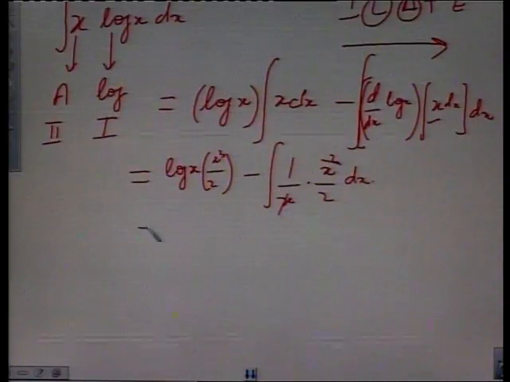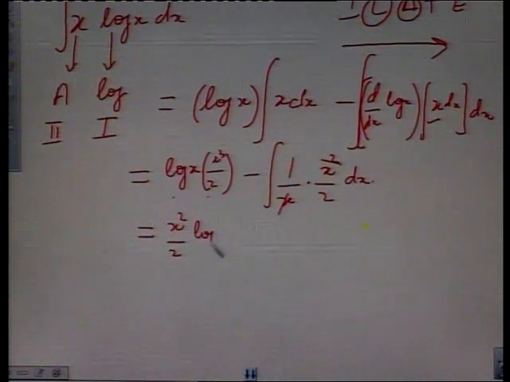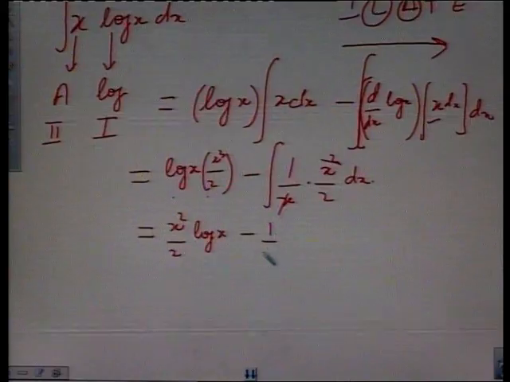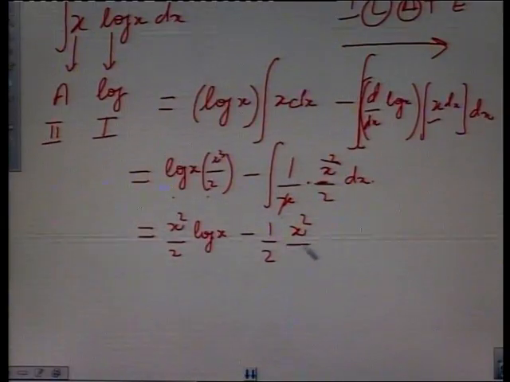Now, if you multiply log x with this, you will get here x square upon 2 into log x, minus 1 upon 2 outside. Here you have to integrate x only, and what is integration of x? As you all know, this is x square upon 2 plus c.